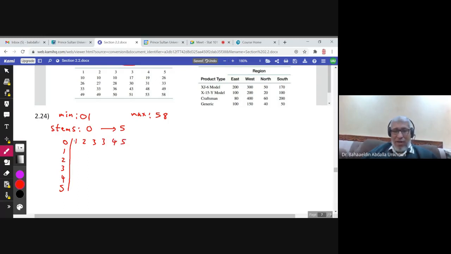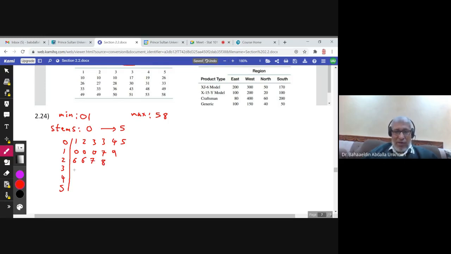For stem 1, how many numbers do I have? I have 10, 10, 10, 13, 17, 17, 19. That's it. For stem 2, I have 26, 26, 27, 28.